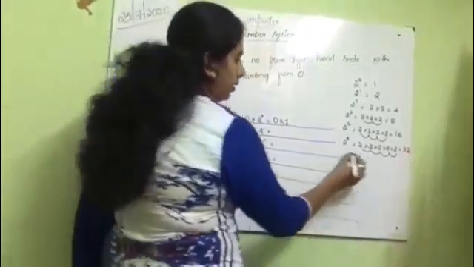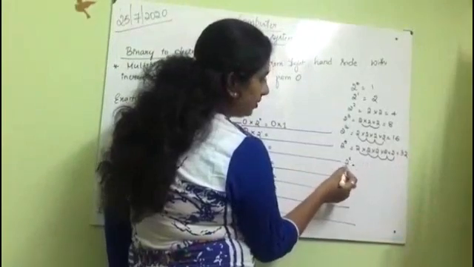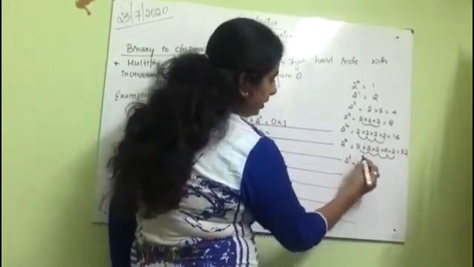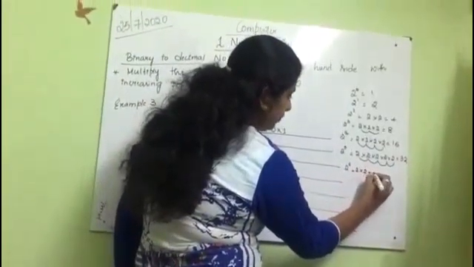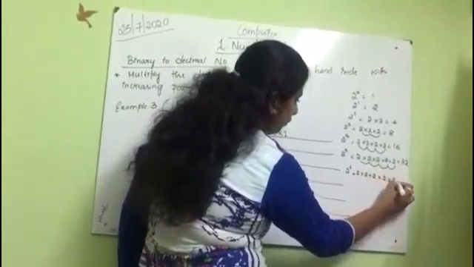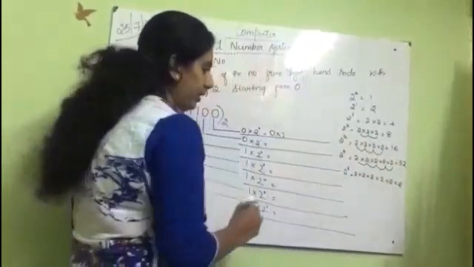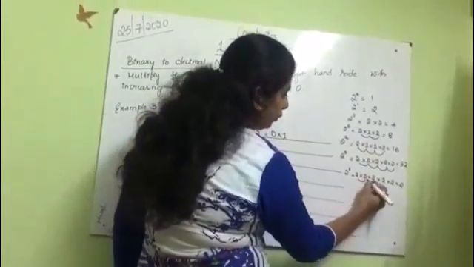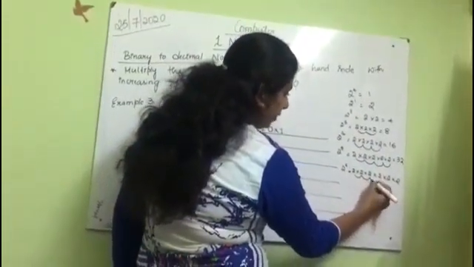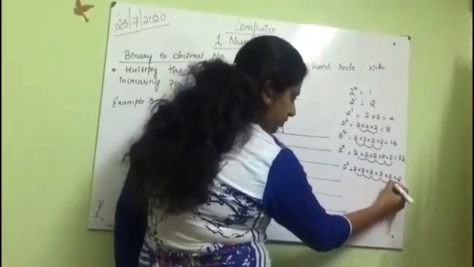Okay, next. Next value is 2 to the power of 6. We have to multiply this 6 times. So 1, 2, 3, 4, 5, 6. Start multiplying. 2 2s are 4, 4 2s are 8, 8 2s are 16, 16 2s are 32.